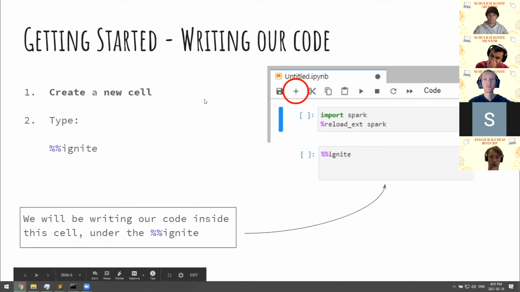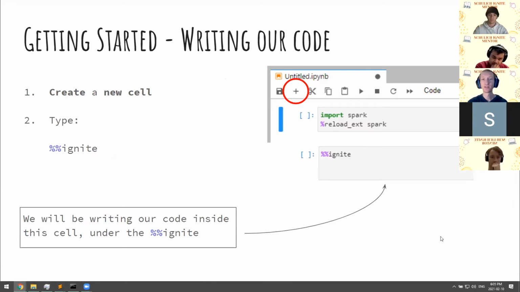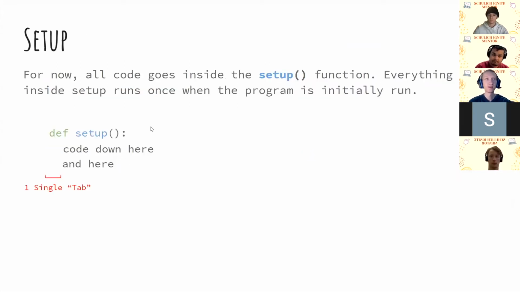All right, so that was just a review of how to get started and where to put your code. For your actual code, once you've got that cell, you're going to want to put some setup functionality under a setup function.